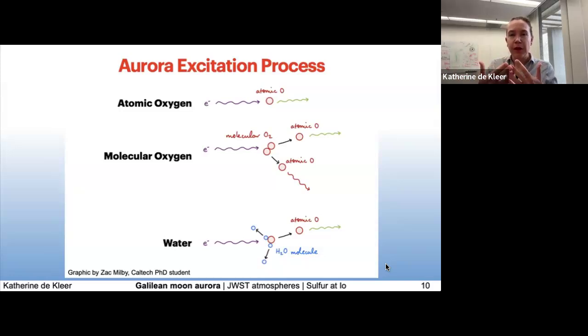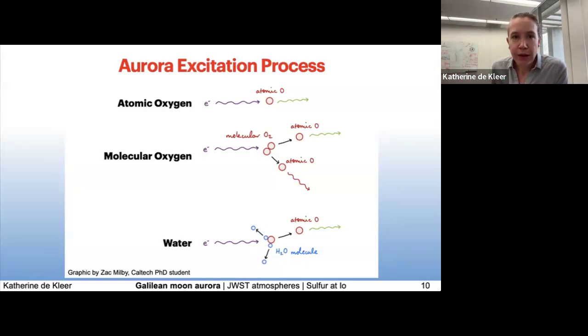Let's say it impacts a molecule: there's enough energy to dissociate that molecule into its constituent atoms, and those atoms are left in a characteristic set of excited states. When they relax, they emit these auroral photons, and by looking at the ratios of the photons at different wavelengths, you can tell what the original molecule was that was dissociated.